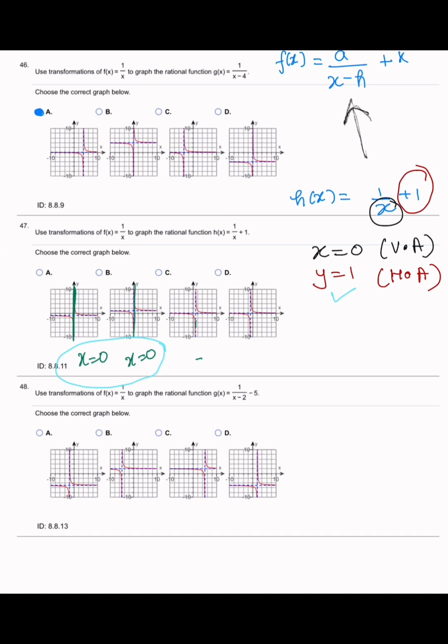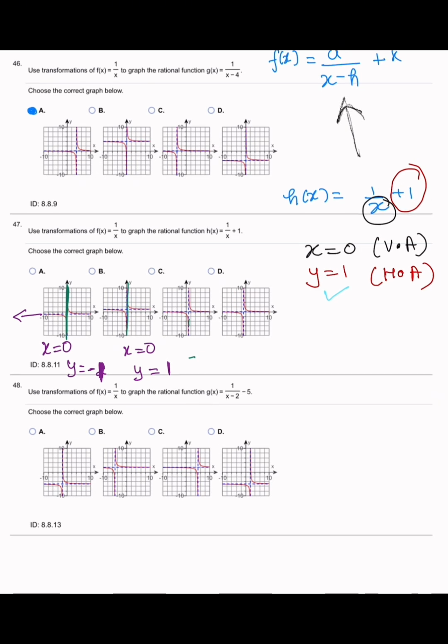Now we need to find which one is the correct answer. So here comes the horizontal asymptote. Let's see where we have y equals 1. In A, I can see the line is below the x-axis, which means it's a negative number. And for B, I can see the horizontal line is above the x-axis and it is almost equal to 1. So we can make a choice, eliminate A, and B would be our answer.